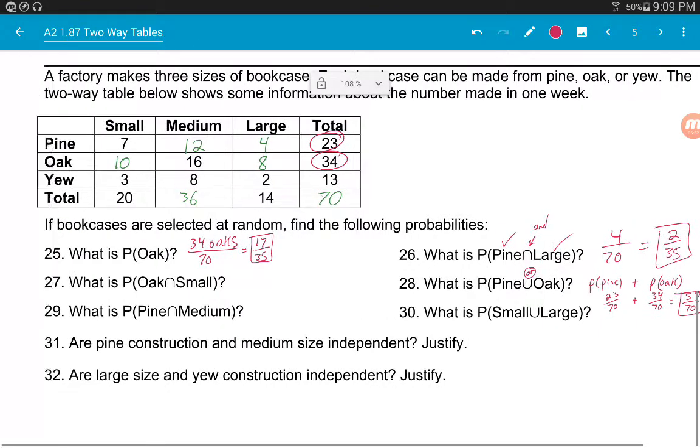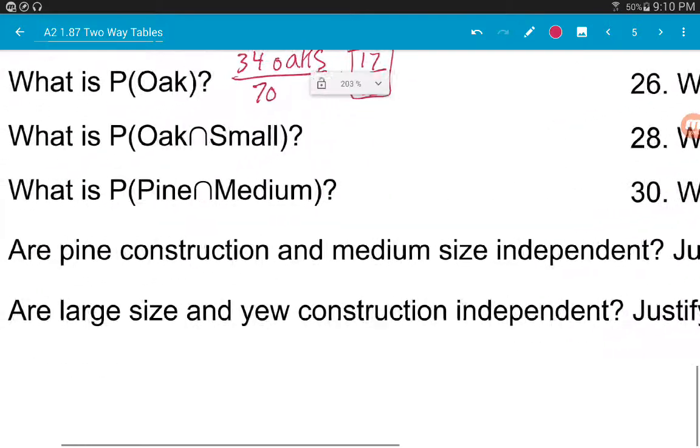Now I'll do one independence question. Are large size and U construction independent? Well, here's the test for independence.